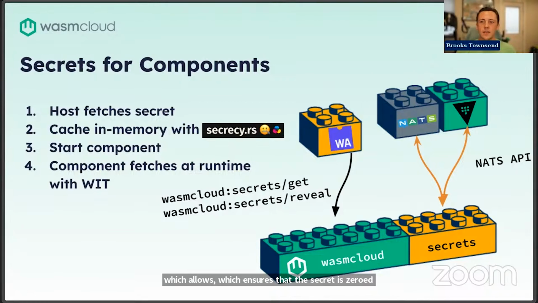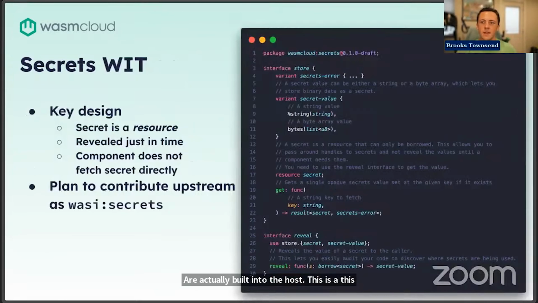And then the component itself is able to access these secrets at runtime with the wasmCloud-Secrets interface. And the wasmCloud-Secrets interface, the two functions get and reveal, are actually built into the host. This is a built-in plugin.